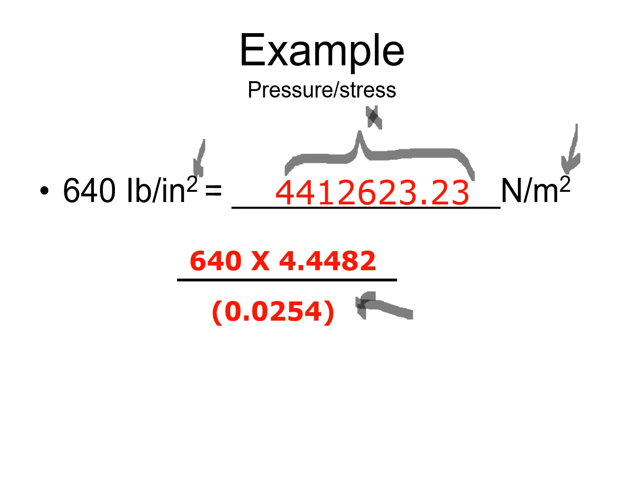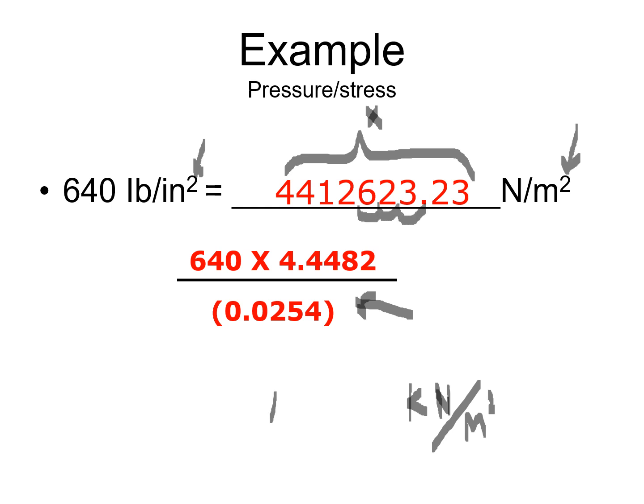So for instance, if I convert this into kilonewton per meter square, I end up with fewer numbers.